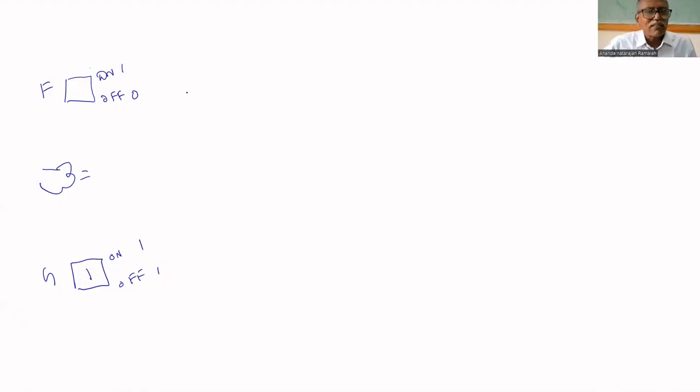So the logic will be like this. x0, x1, two inputs, and Y0. If this is 1 and this is 0, the lamp will glow. If I change this also to 1, the lamp will be turned off. Am I correct or not?